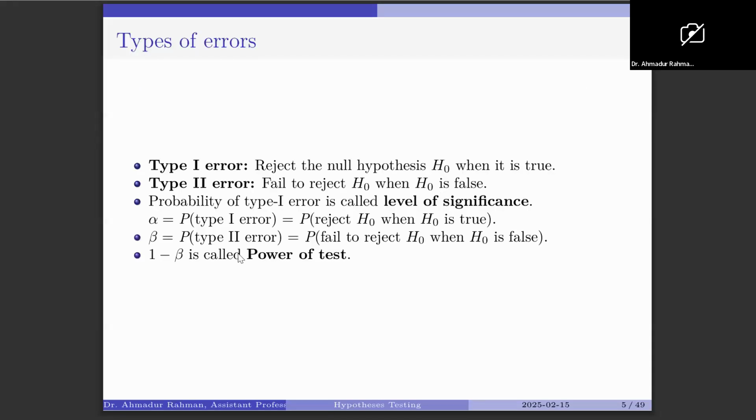Then type 1 and type 2 error. This is an important thing. Type 1 error means we are rejecting the null hypothesis when it is true. Meaning we are saying that the two teaching methods are same. Alternatively, they are not same, or the new is better than the previous one, or the new is worse than the previous one.